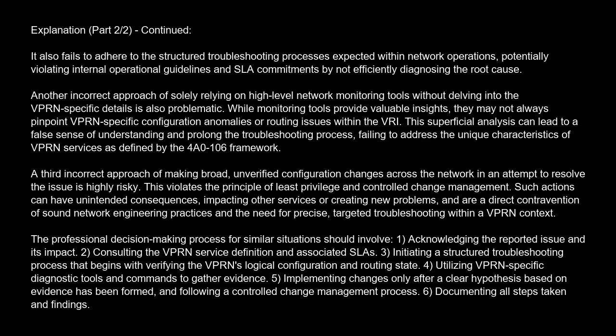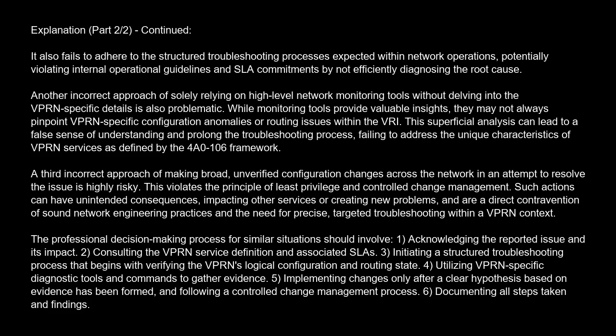Another incorrect approach of solely relying on high-level network monitoring tools without delving into the VPRN-specific details is also problematic. While monitoring tools provide valuable insights, they may not always pinpoint VPRN-specific configuration anomalies or routing issues within the VRI. This superficial analysis can lead to a false sense of understanding and prolong the troubleshooting process, failing to address the unique characteristics of VPRN services as defined by the 4A0-106 framework.